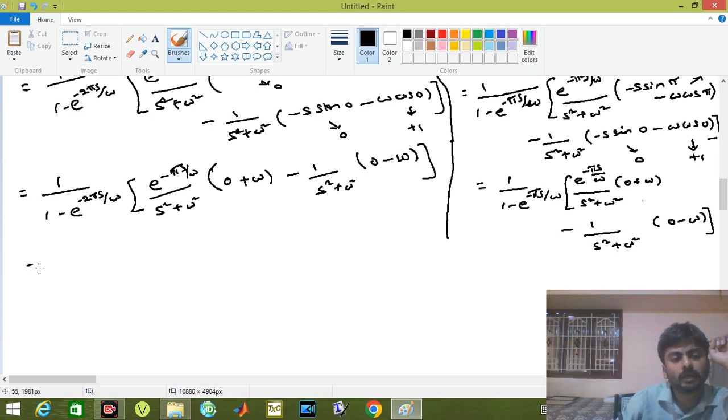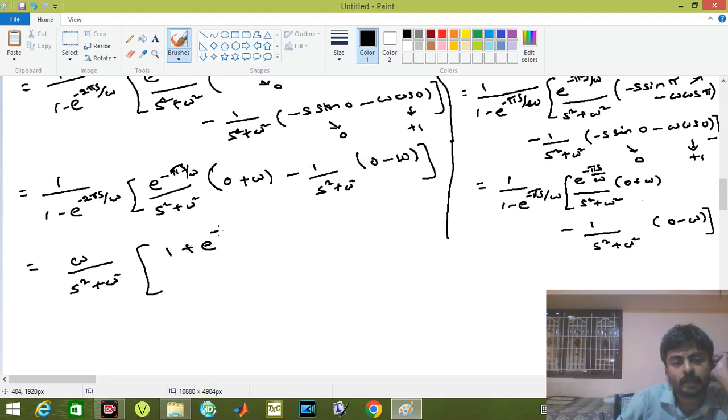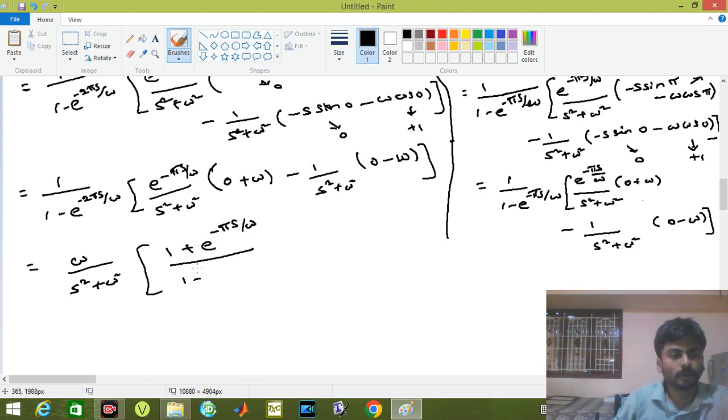So here you can take the omega commonly outside, so you get omega divided by s square plus omega square of, when you take omega, this will become plus omega, so you will get 1 plus e power minus pi s by omega divided by 1 minus e power of minus 2 pi s by omega.